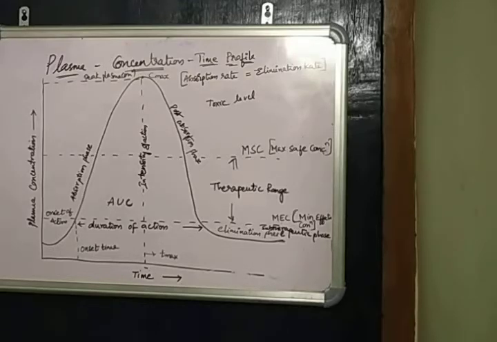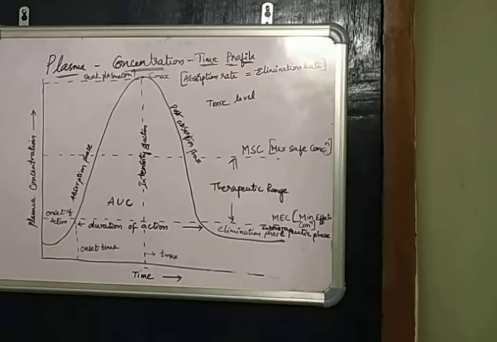This profile is obtained by measuring the concentration of a drug in plasma samples taken at various time intervals. We plot a graph between the plasma concentration of the drug on the y-axis and the corresponding sample times on the x-axis.